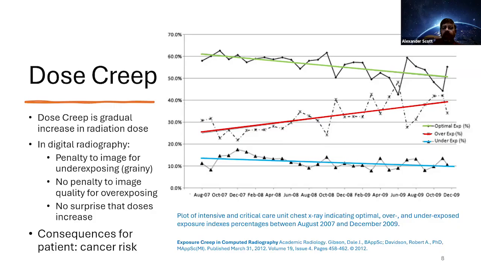And they found that over time, the proportion of overexposed images went up because there's no penalty for providing too much radiation dose. If people don't want to get a callback for producing a low image quality radiograph, they tended to overestimate the amount of dose needed. And so over time, doses were going up.